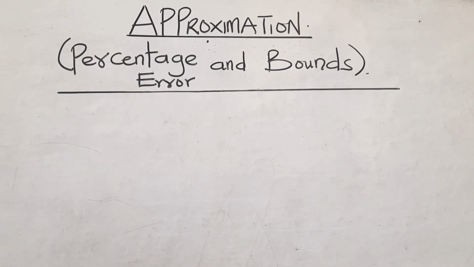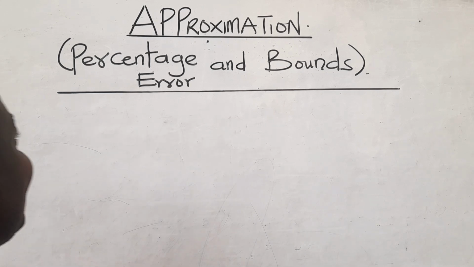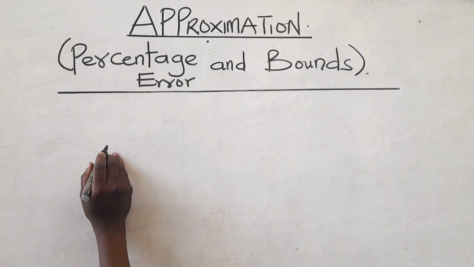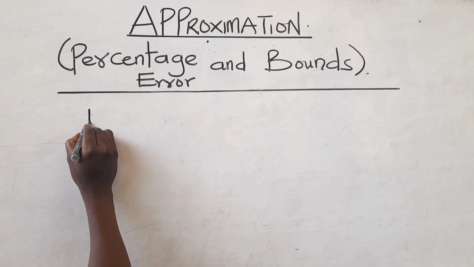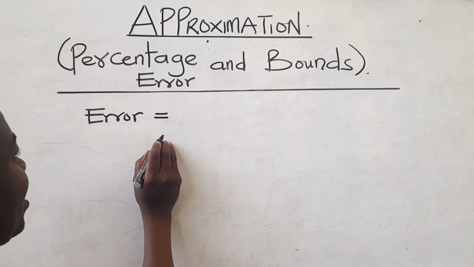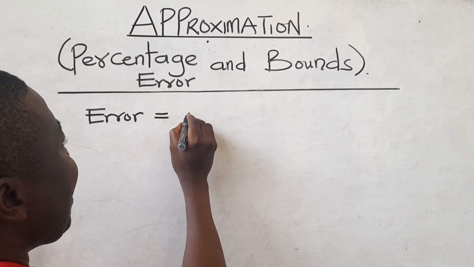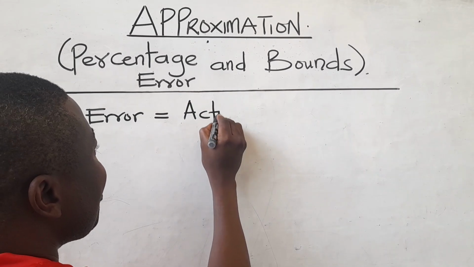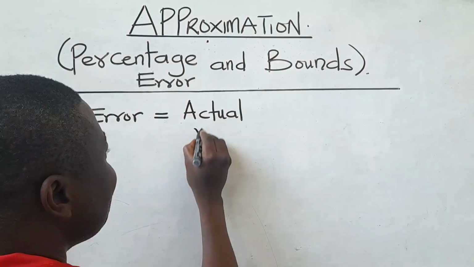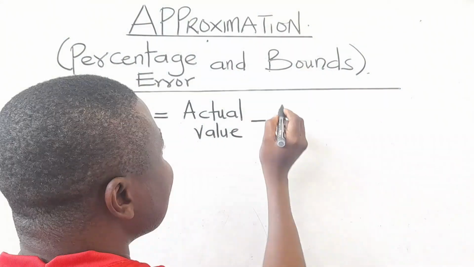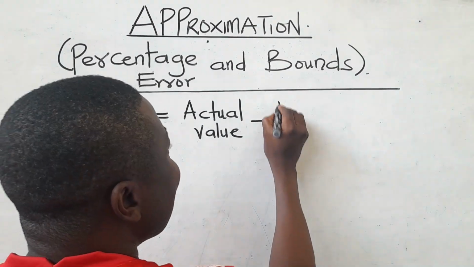Now, to find the percentage error in any instrument, we first get the error. The error is normally the actual value minus the error value.